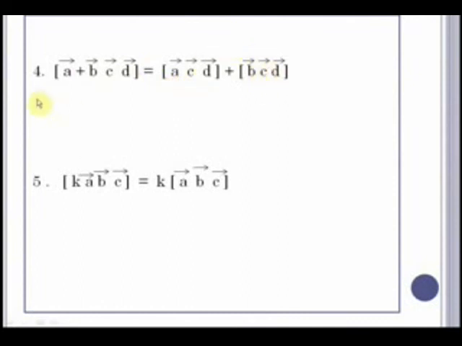That is, we split this term as A and B, and thus we get the box products ACD and BCD. The fifth property is the box product of K times A, B, C is equal to K times the box product of ABC. So if we have A as a multiple of K, then we can take K out of the box and get the value equal to K times the box product of ABC.